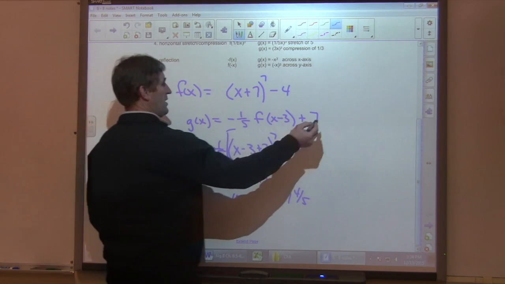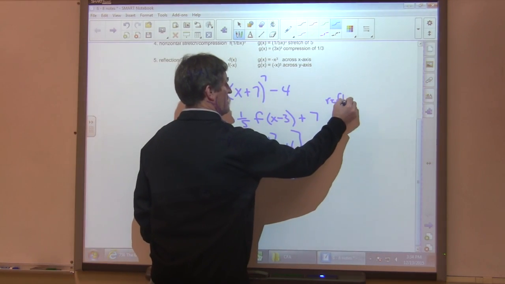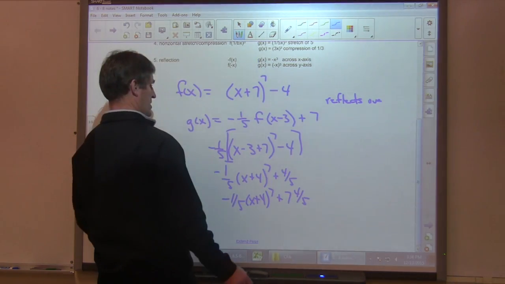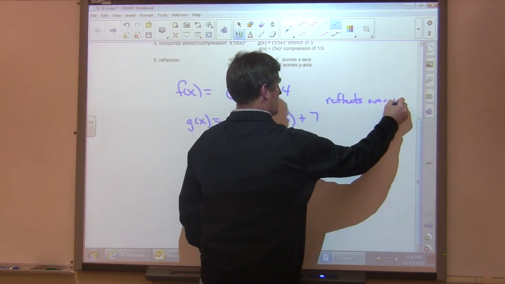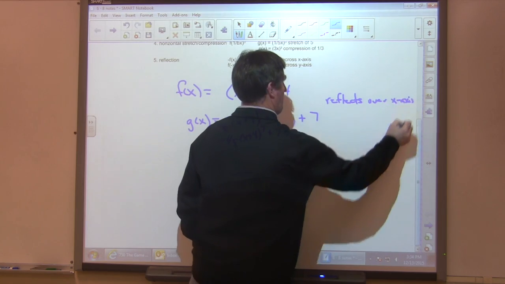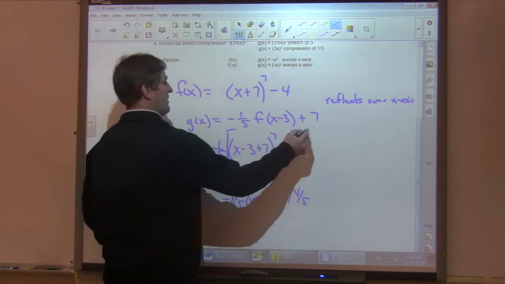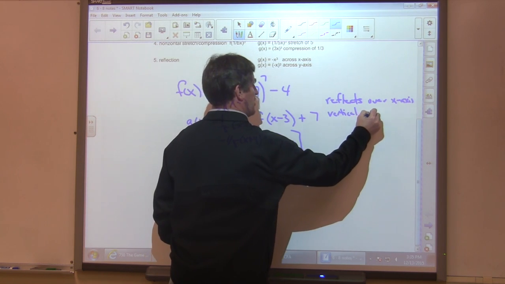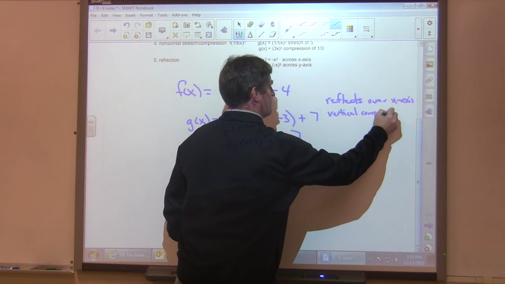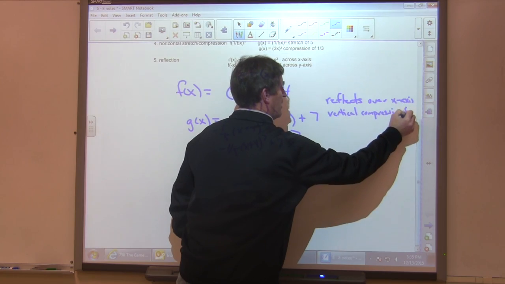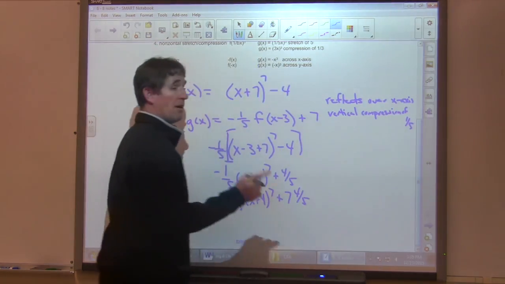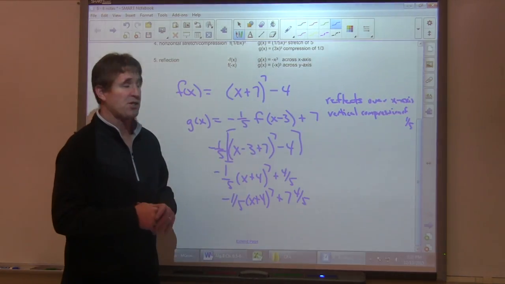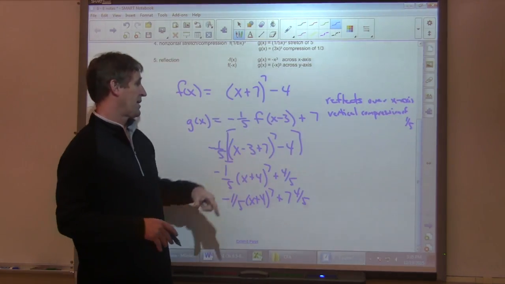So the negative sign does what? The flip over the x-axis. The 1/5 is a vertical compression of 1/5. Now, some of you like to put the negative sign there, but remember it's the absolute value for stretches and compressions, so we don't worry about the negative sign in there.